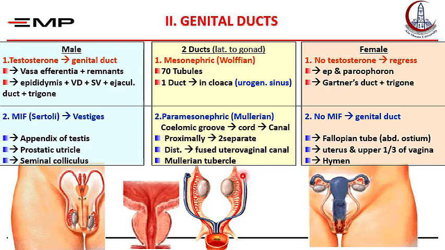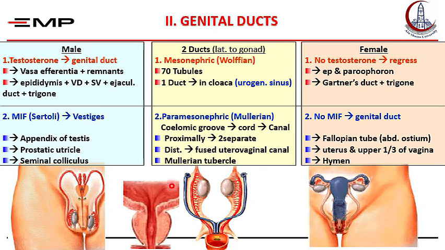Its coelomic groove here will give the abdominal ostium of the fallopian tube, and fimbria develop around it. The uterovaginal canal that is fused here would have a septum at the beginning, and then this septum will disappear, making one canal that will give the uterus and upper part of the vagina, probably the upper 1/3 or the region of the fornices of the vagina.